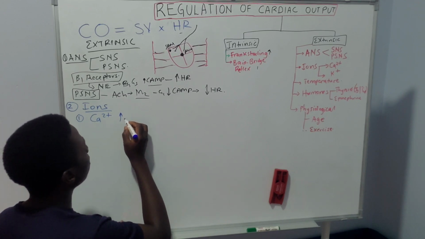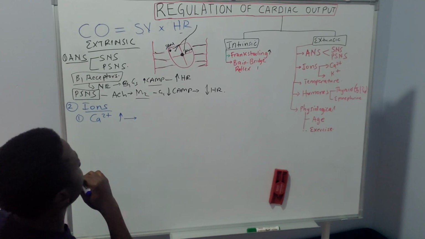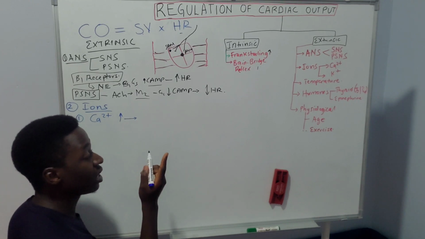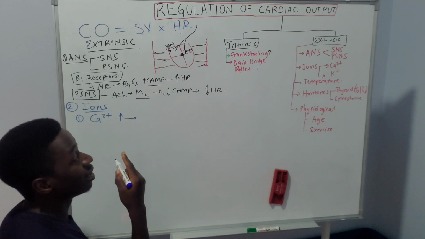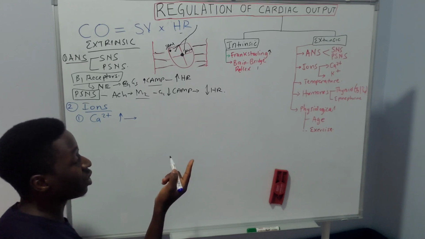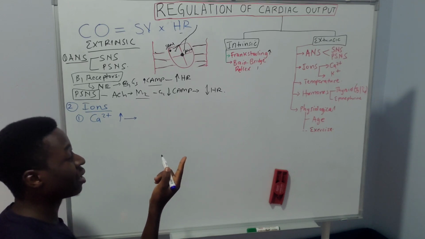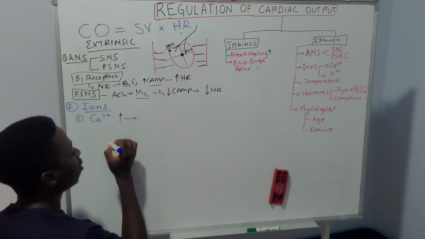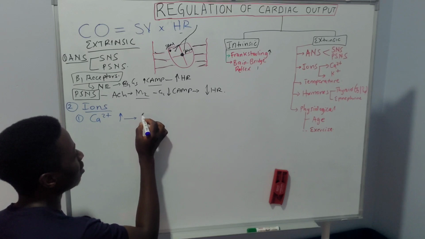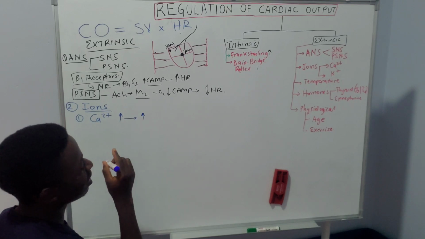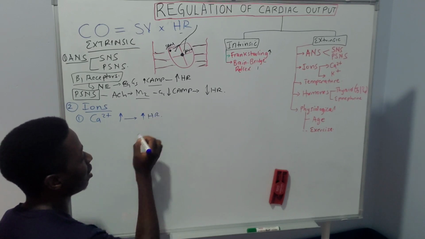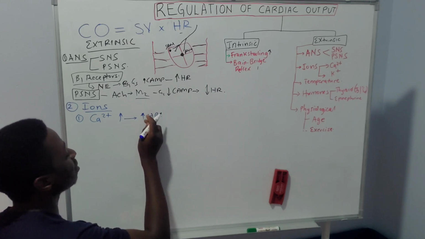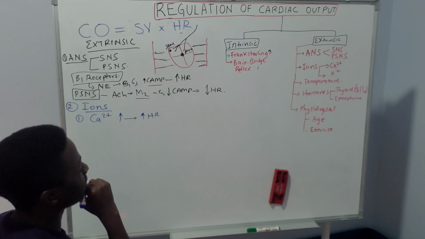Calcium is also important, as I already told you, in the depolarization of the sinoatrial node, or generation of the pacemaker potential of the sinoatrial node. So an increase in the amount of calcium will definitely result in an increase in the heart rate. So it brings about positive effects in the heart rate.